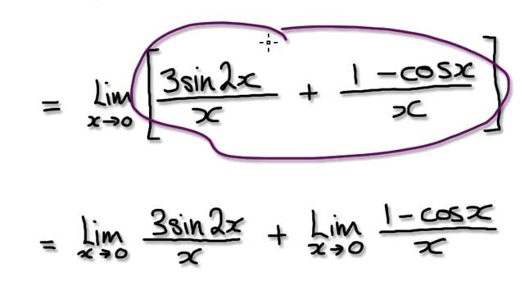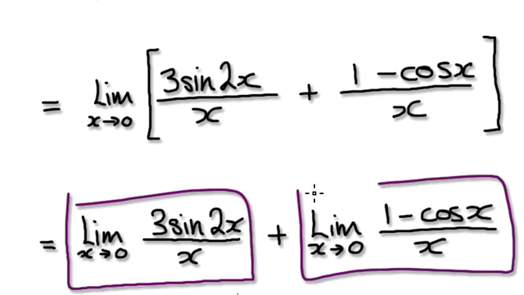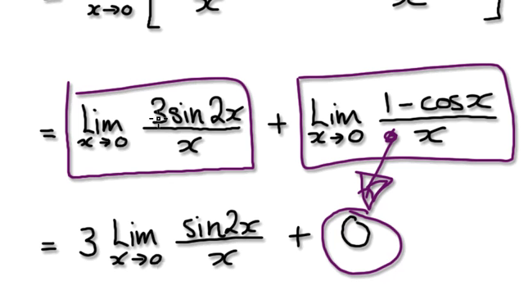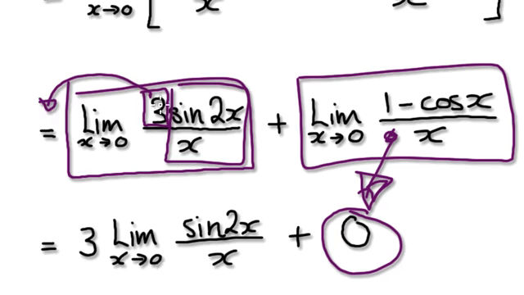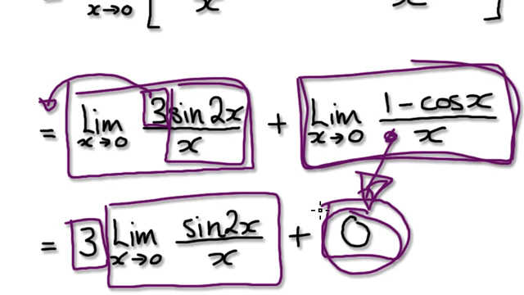The limit of this here is 0, and for this one, at the moment you've got 3 times this fraction. So take the 3 out. There's a theorem that says you're allowed to do that. So take the 3 out, and then just concentrate on finding the limit of this. Remember that this here is 0.